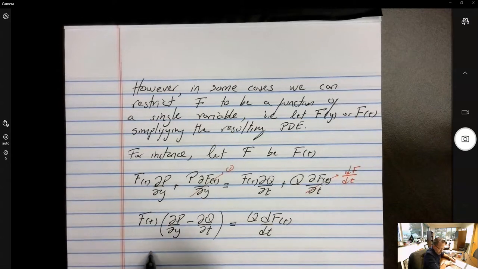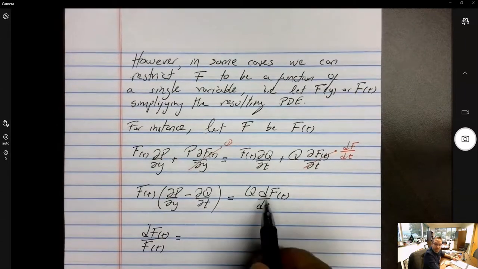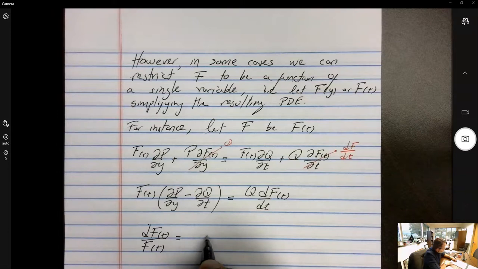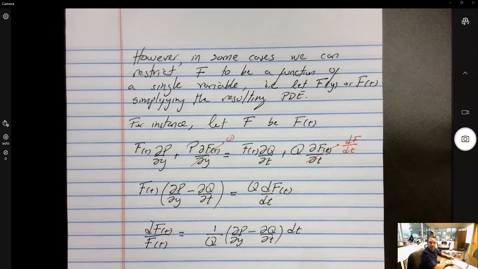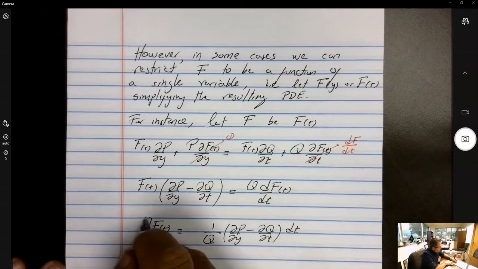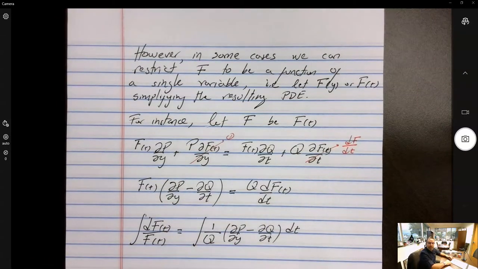So df of t over f of t is equal to 1 over q, dp dy minus dq dt, times dt. So I took this dt to the other side. So if this is equal to this, so is the integral of these equal to the integral of these, right?